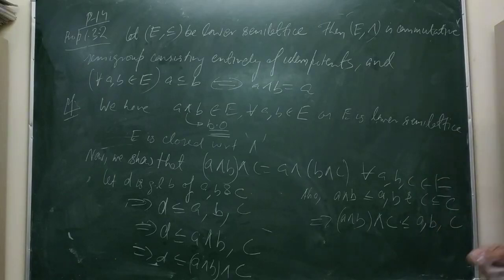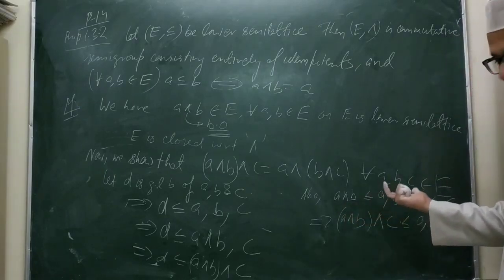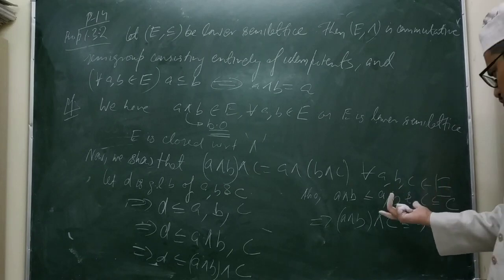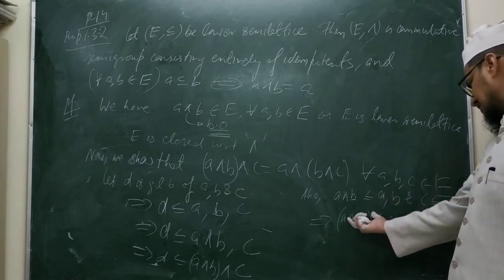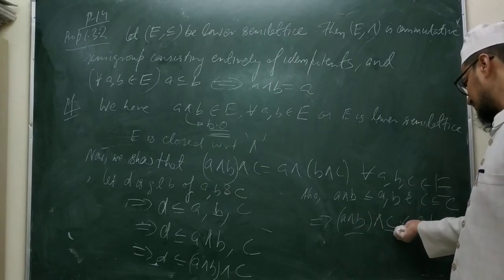Because A meet B is what? Of course, it is the lower bound. Being greatest lower bound, it is the lower bound. Once it is the lower bound, and A meet B, you just consider this as an element. This as an element. Okay.